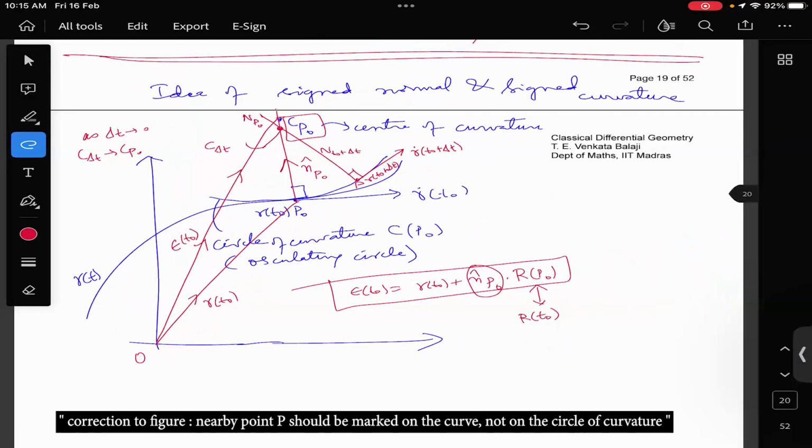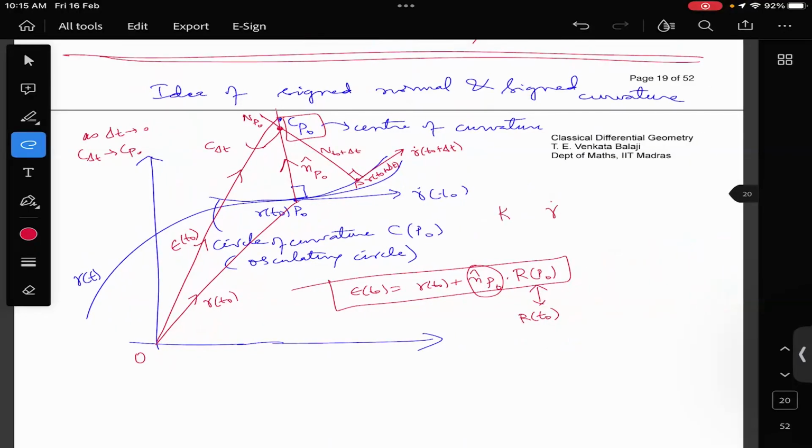The curvature at t is the norm of gamma dot cross gamma double dot divided by the norm of gamma dot cubed. We got this formula geometrically, but at that point of time everything was geometrically defined. The center of curvature was defined as the center of the circle of curvature. The circle of curvature was defined as the best fitting circle. So everything was kind of geometric.